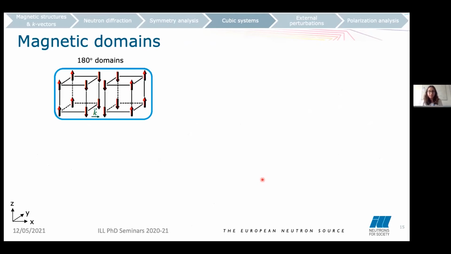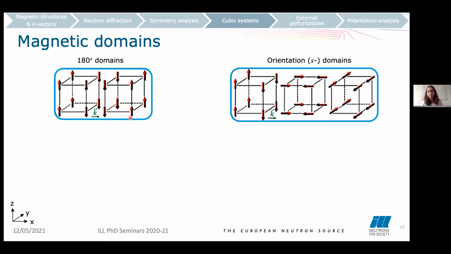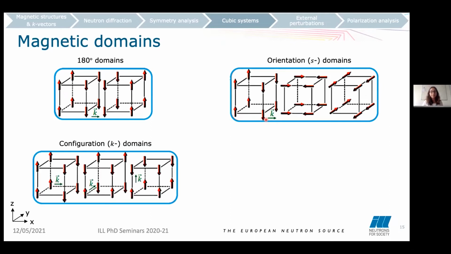There exist these 180-degree domains where the spins on one unit cell are just rotated by 180 degrees with respect to the first one, but the propagation vector is in the same direction. We can have orientation domains, or S domains as some people know them. We can have configuration domains, or K domains, and these are the ones which I'd like to focus on for manganese oxide.